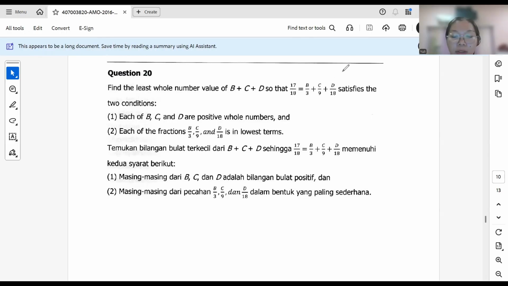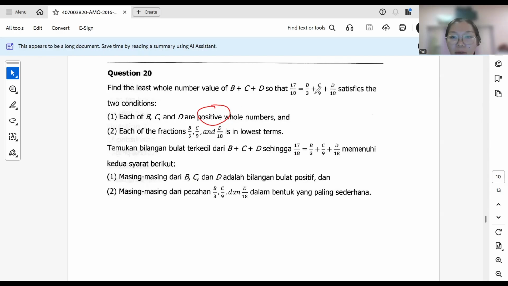Okay, for this, you have to list down, I guess. Find the least whole number value BCD so that blah, blah, blah. The key is this is positive, and also this is in the lowest term.